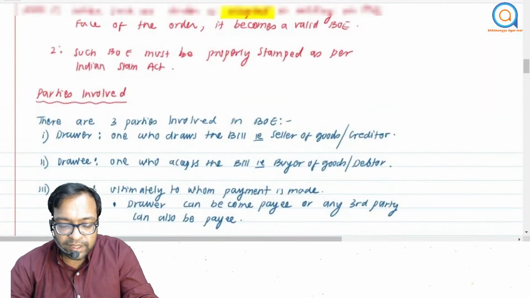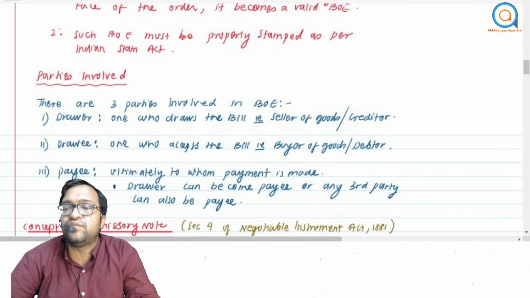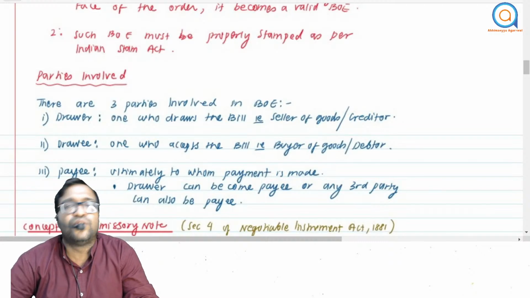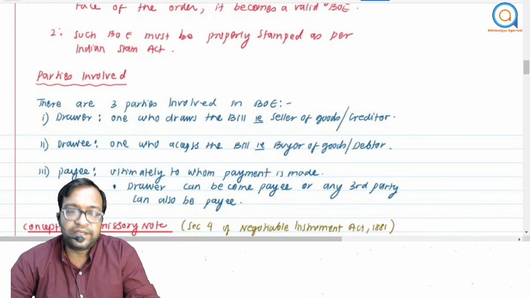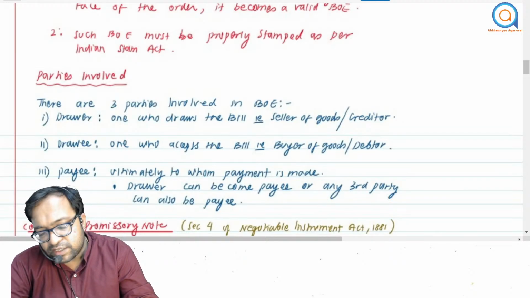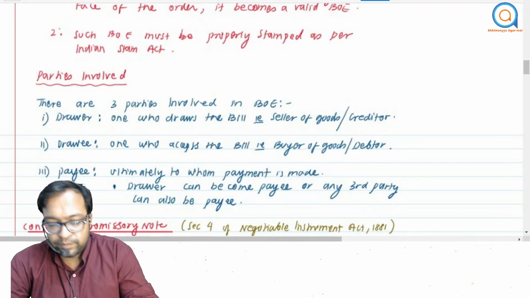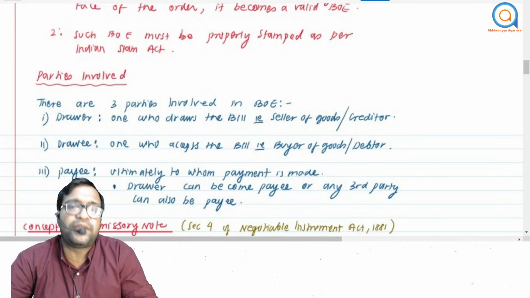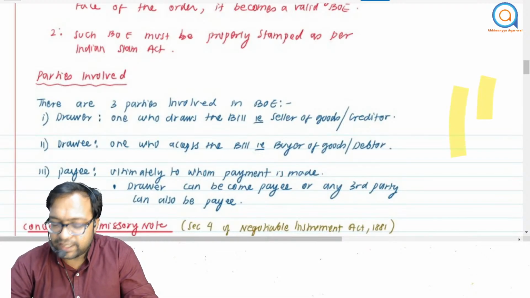But in case of bills of exchange, there are three parties: drawer, drawee, and payee. Drawer is the one who draws the bill. Who draws the bill here? The creditor. Drawee means one who accepts the bill. Who accepts the bill? The debtor. And payee means ultimately to whom the money is payable. Correct? So this basic, I think you know.